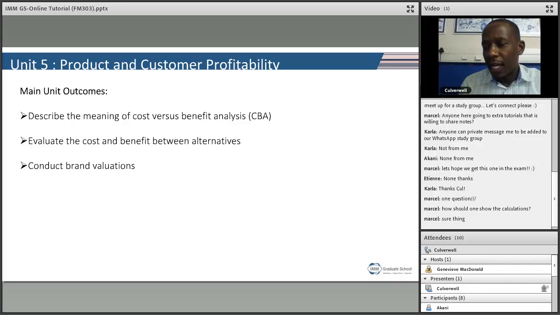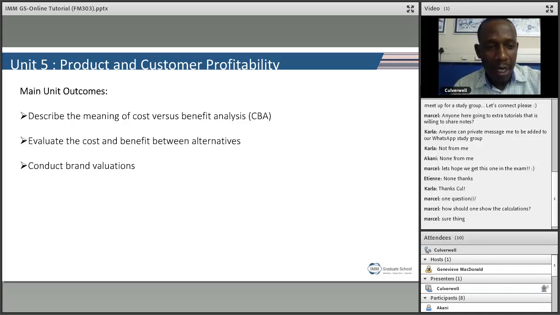But usually in this question, they won't give you the projected figures. They will give you statements that they are going to increase sales together with the related cost at 10% annually. So you will be in a position to project your sales into the future, then bring such figures back to today, which is your NPV. You then compare the NPV of the asset or the product that is branded versus the one that is unbranded. The difference of the two will talk directly to the value of a brand.